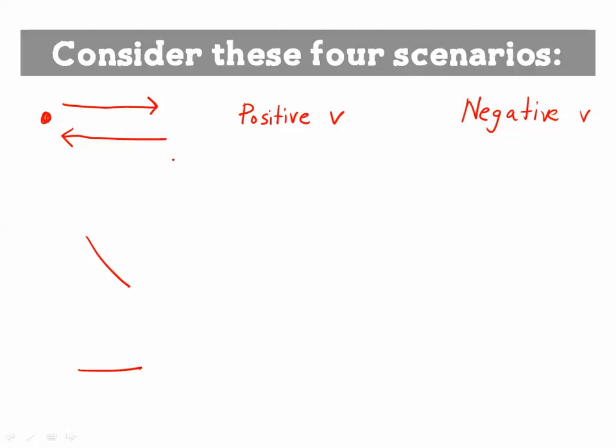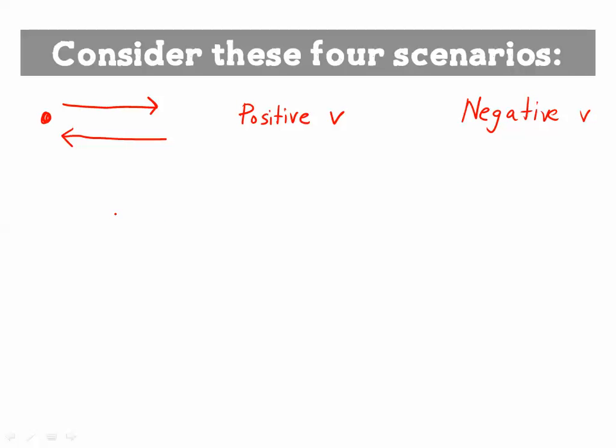We could have a positive velocity, a negative velocity. Say our origin here, a positive velocity would mean I'm moving away from the origin. A negative velocity would mean my position is changing towards the origin in a negative direction.